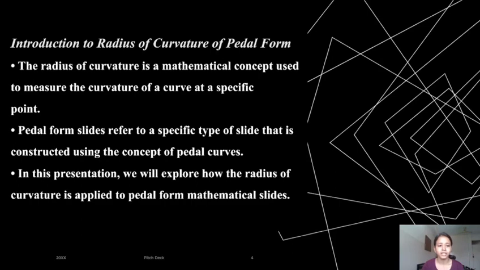Pedal form slides refer to a specific type of slide that is constructed using the concept of pedal curves. In this presentation, we will explore how the radius of curvature is applied to pedal form mathematical slides.